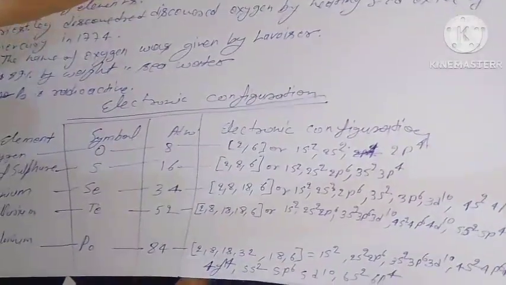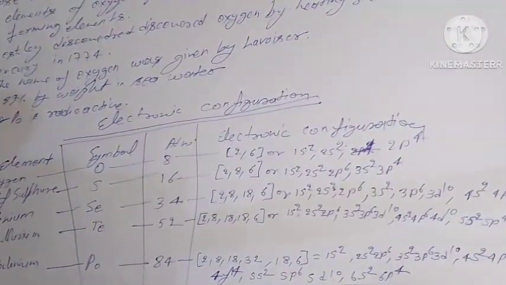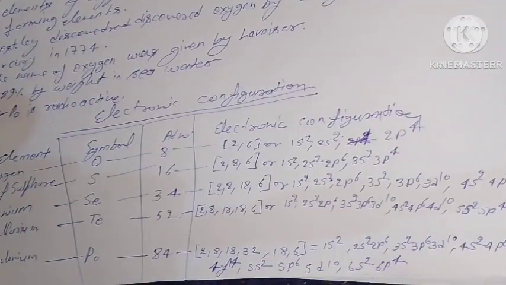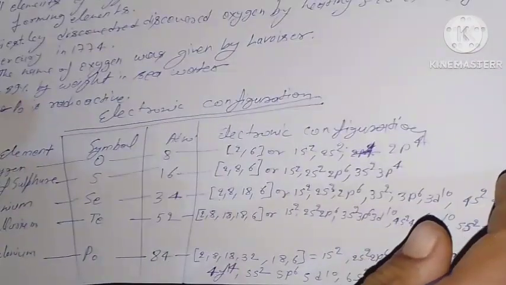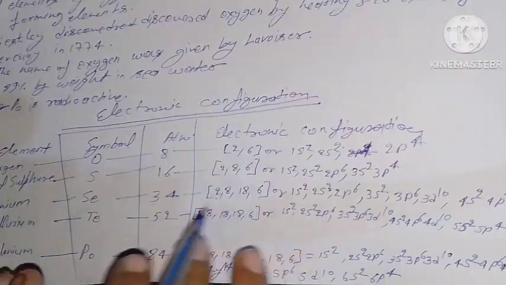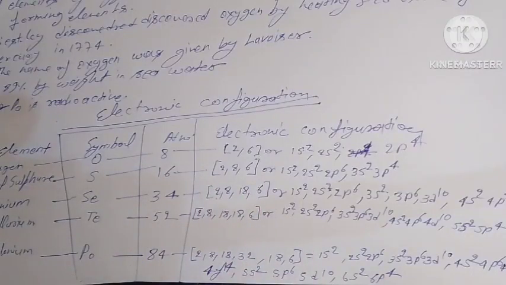This is the electronic configuration of all the elements of the oxygen family.